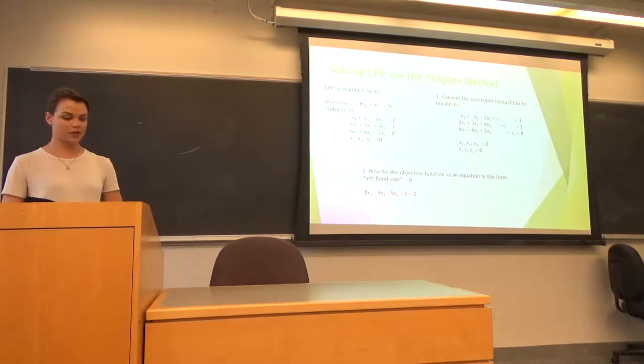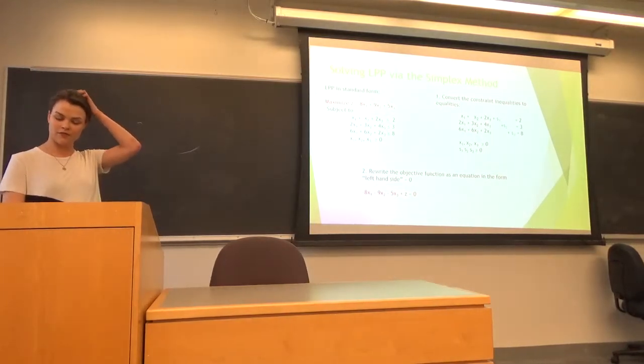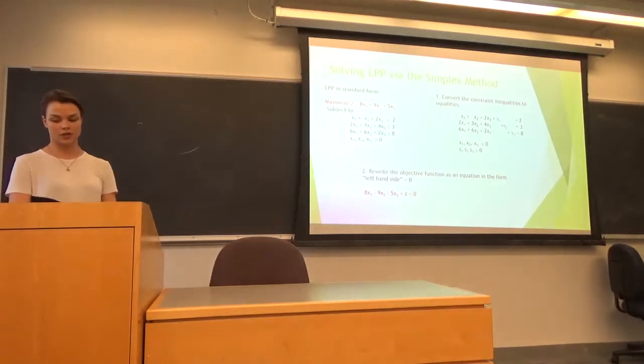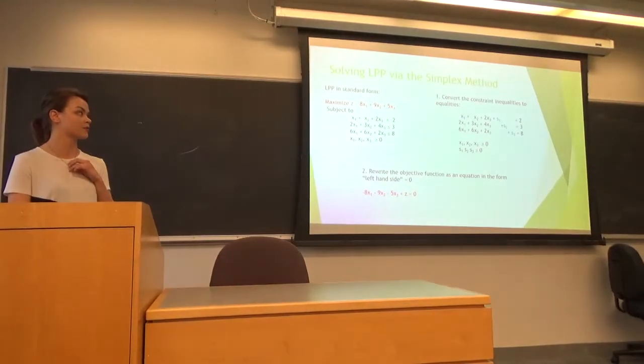Okay, so solving a linear problem using the simplex method, first we want to convert the constraint inequalities to equalities by adding slack variables. So if we're given this problem, maximize 8x1 plus 9x2 plus 5x3, subject to those three constraints, then by adding the slack variables s1, s2, and s3 to each equation, we get a canonical form.